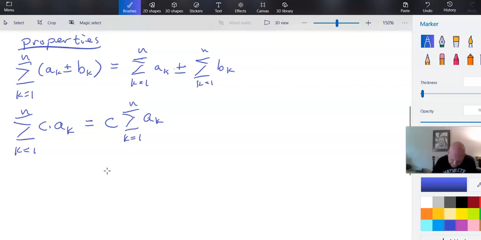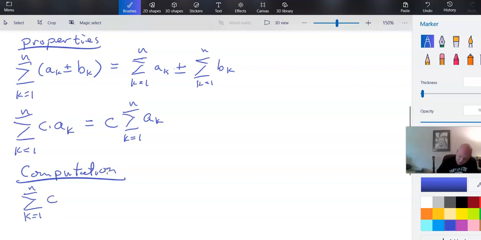And then the last thing is actually, these are more properties. This next one's more of a computational one. If I have a sum from k equals 1 to n of just a constant, right?